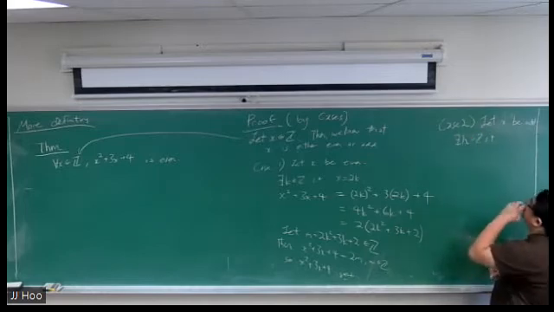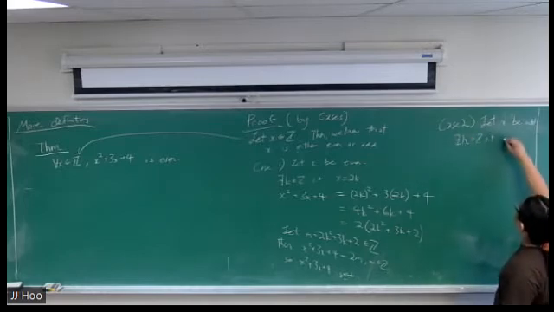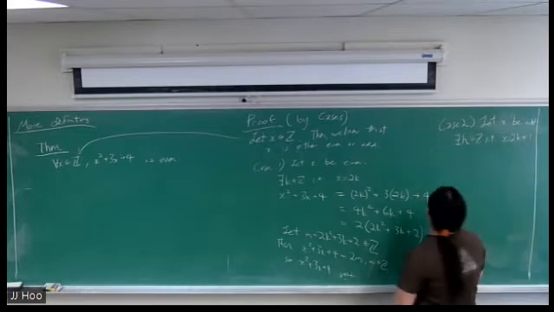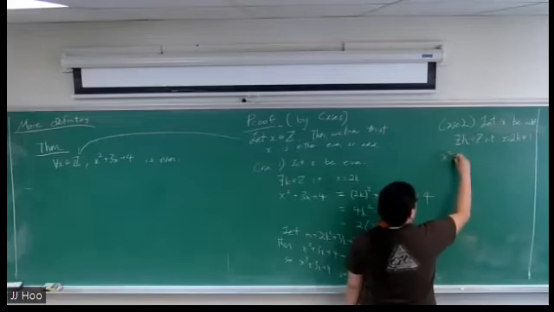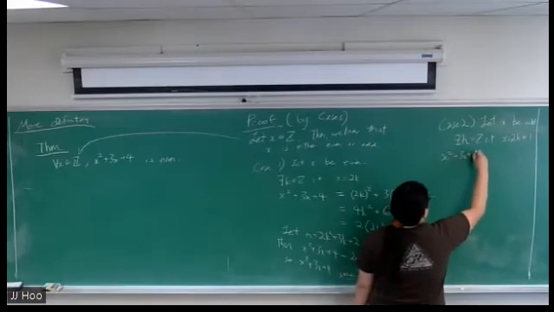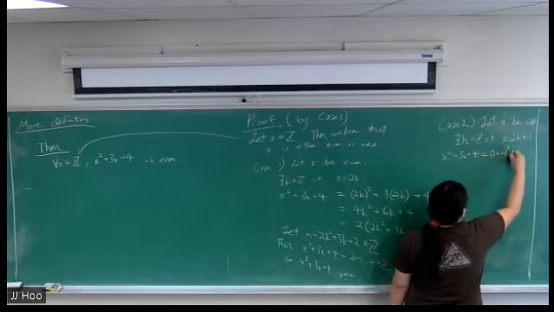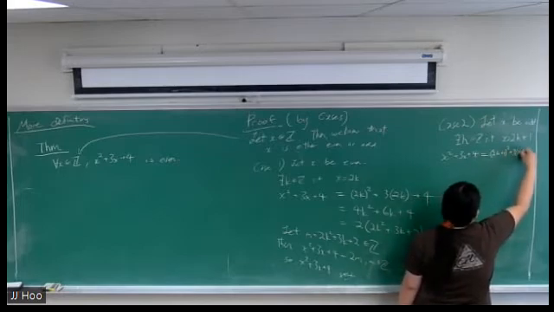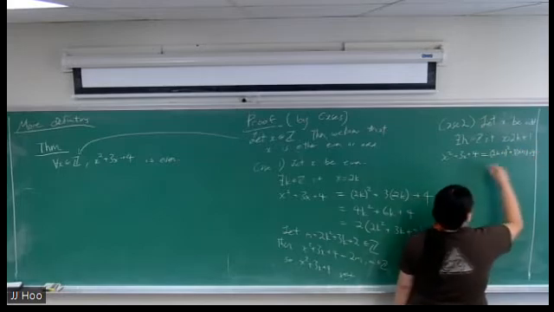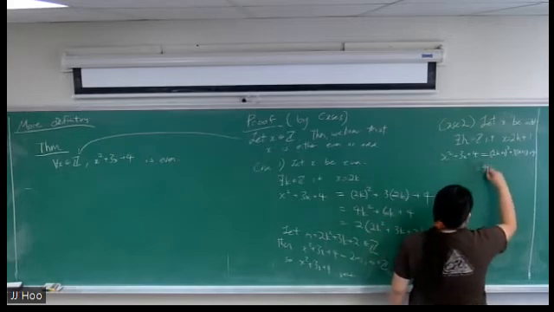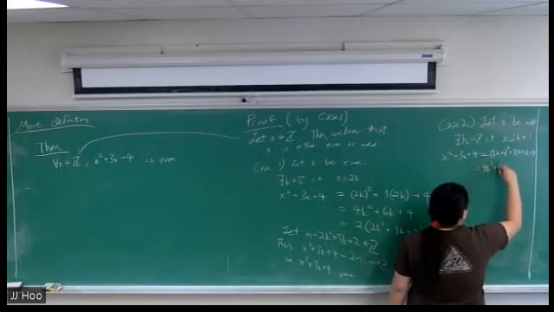Let h be in Z such that x equals 2h plus 1. So then x squared plus 3x plus 4 equals (2h plus 1) squared plus 3 times (2h plus 1) plus 4. And just do some algebra and expand this out. I trust that you guys know how to do that.